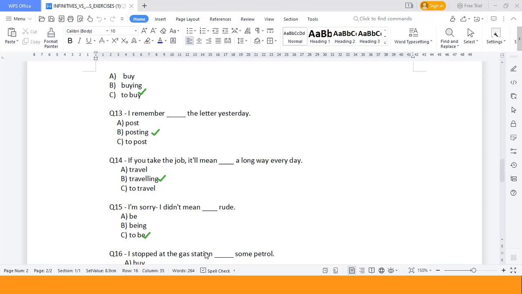Mean as significar, implicar, followed by ing, like in number 14. In that case, significar, implicar, traveling. I'm sorry, I didn't mean to be rude. What's the meaning? How do you understand that sentence, Loreto?